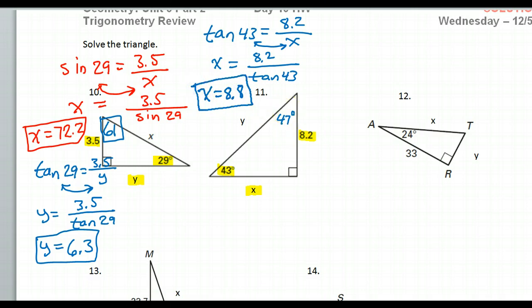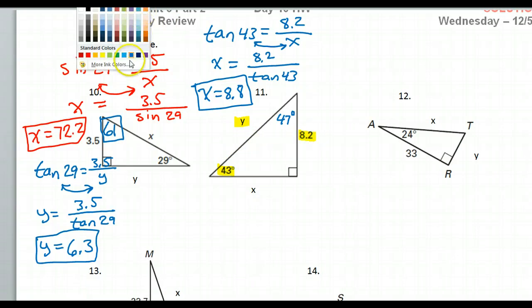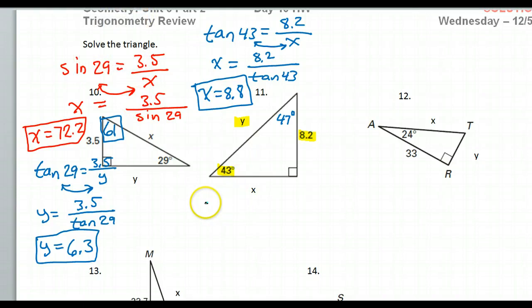Now let's find y. Instead of x, now I'm looking at y. Now I'm looking at opposite over hypotenuse. That's the sine function. So I will do sine 43 equals opposite over hypotenuse.